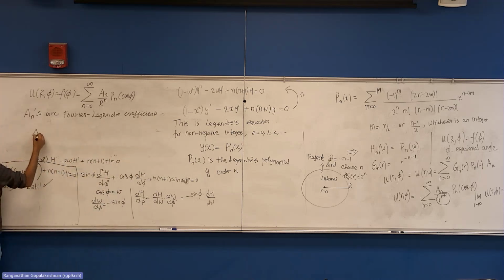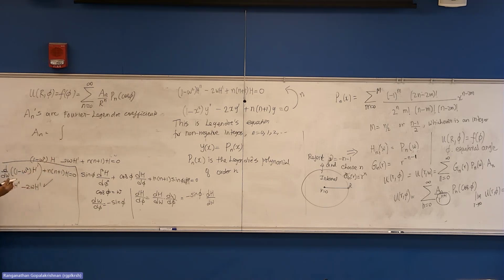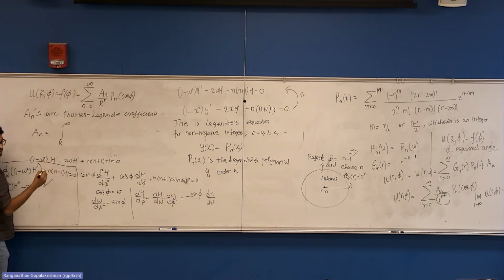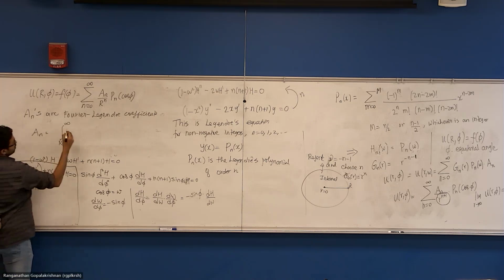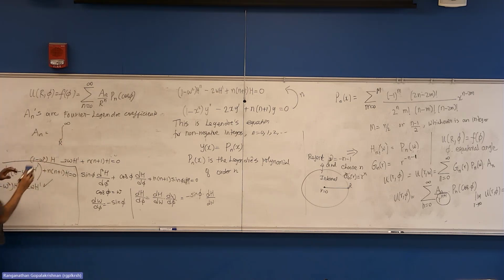So An would be, in our case, r runs from R to infinity. The domain extends from the surface of the sphere to infinity. We would have, oh wait, sorry.